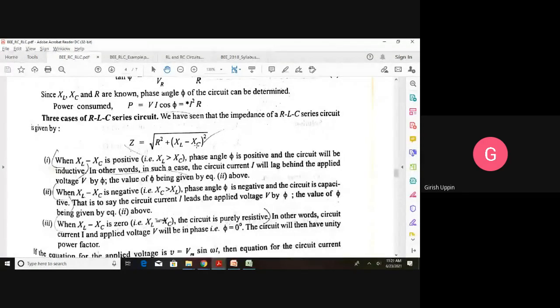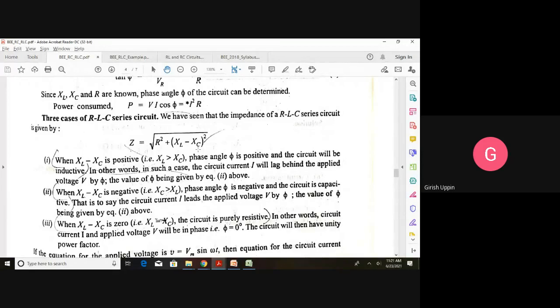And what is the first possibility? When XL minus XC is positive, meaning XL is greater than XC, the circuit is more inductive. Even though a capacitance is present, it is more inductive. For example, XL is 100 ohm and XC is 50 ohm. This XL minus XC is 100 minus 50, so 50 ohm, that is 50 ohm of inductive reactance.